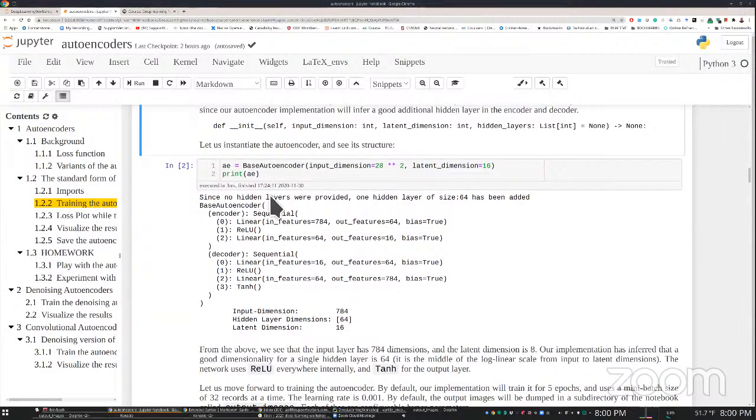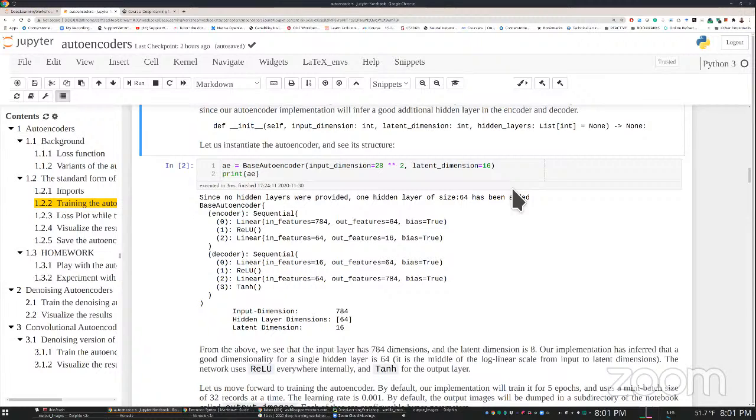See how it works. Here I've instantiated your base autoencoder. I'm saying input dimension 28 square. Now, what does 28 square remind you of? What is 28 by 28? Is it some particular data set?